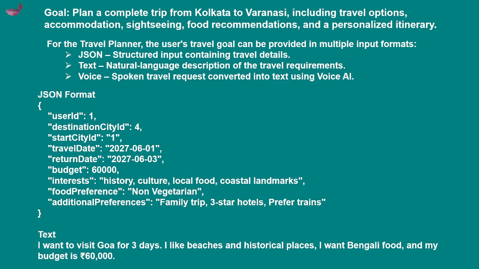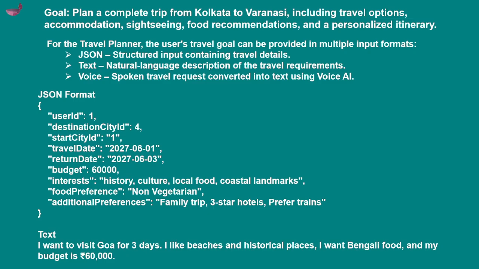Now you can give this goal in three forms: one is JSON, another is text, and another is voice. In the JSON format, you can see user ID is 1, destination city ID is 4, which is Varanasi, start city ID is 1, that is Kolkata, the travel date, return date, budget, interest, food preference, and additional preferences. This is one way you can give it.